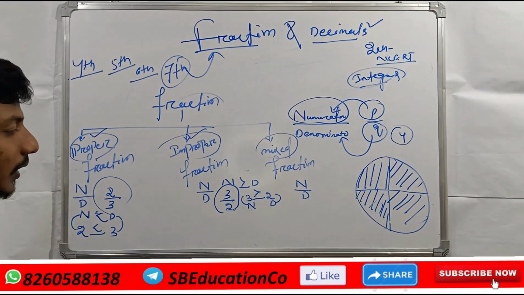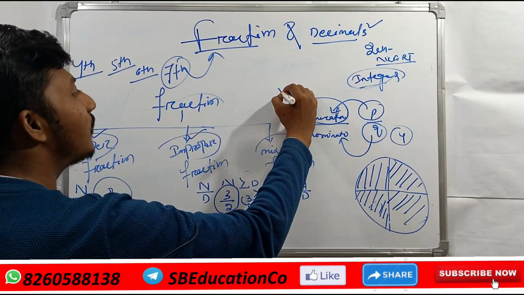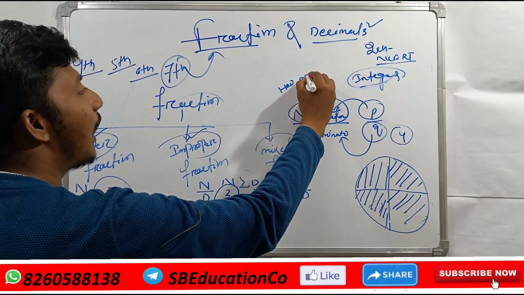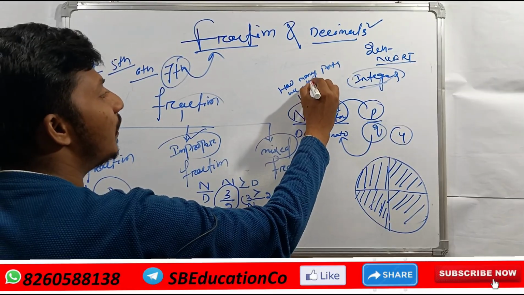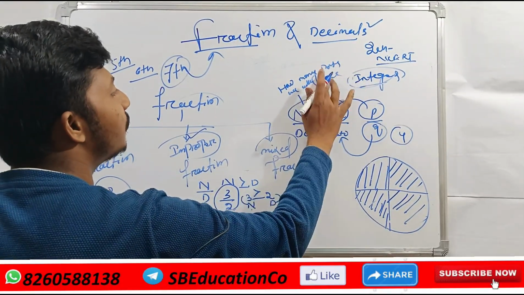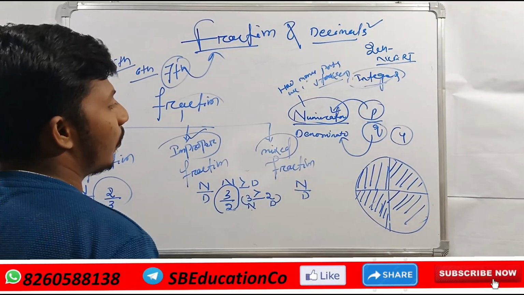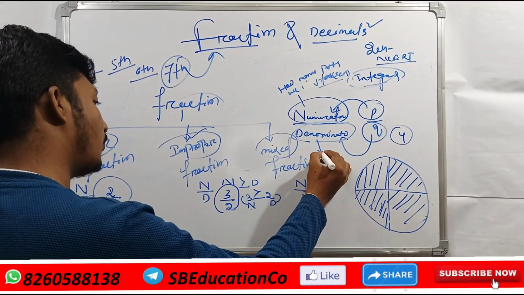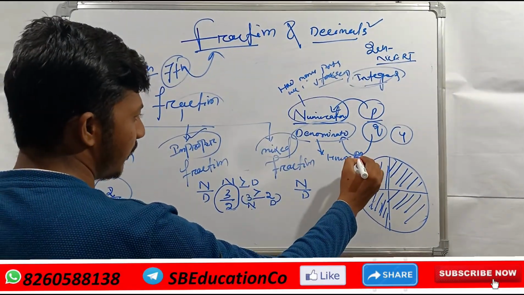Okay, from this example I have a question for you. Just think about that. I said that in the numerator we write how many parts we have taken, and in the denominator we write how many total parts there are. Yes or no?